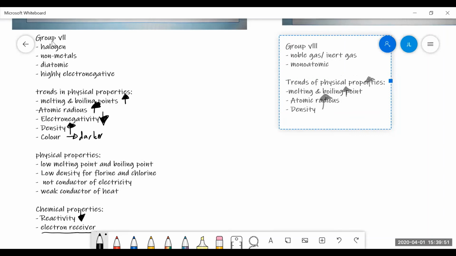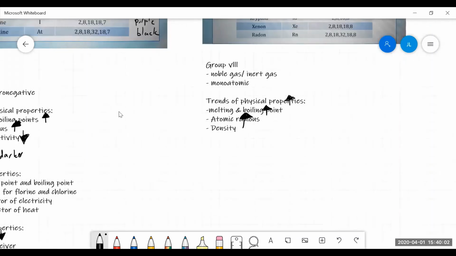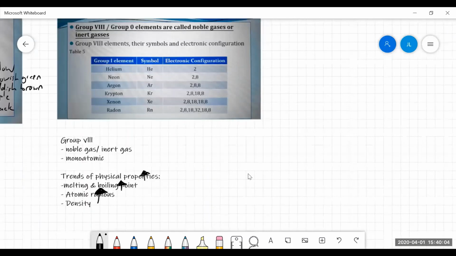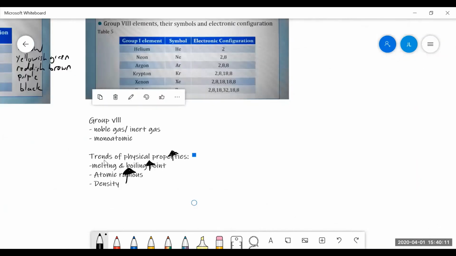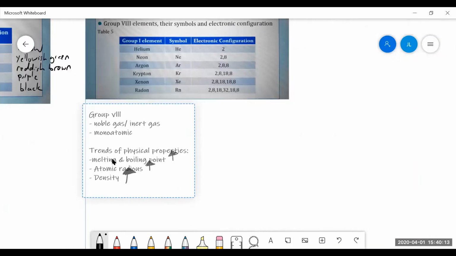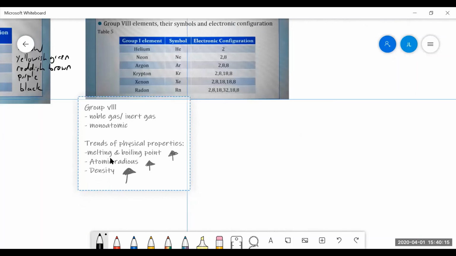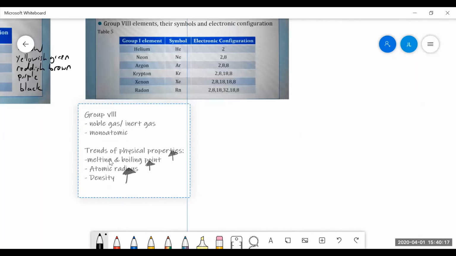That means if it is in its gaseous form, it always has 2 atoms in one molecule of gas. While noble gas, we won't consider it as a molecule. It is atomic, because a molecule is more than one atom.